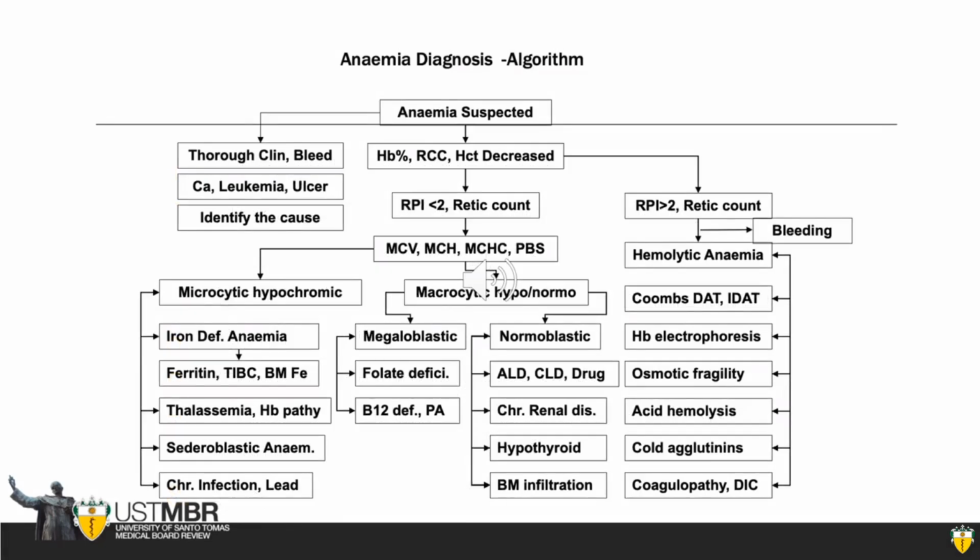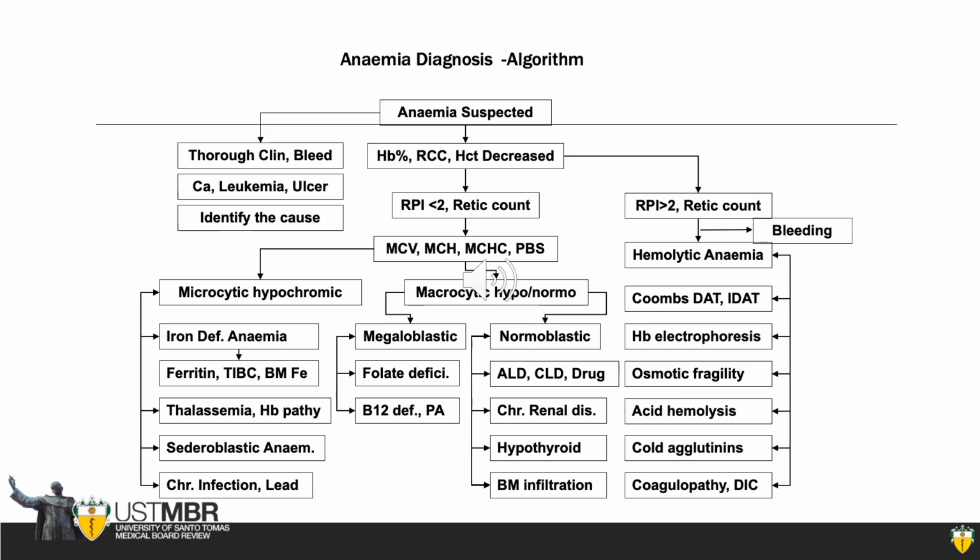So, in summary, we have discussed the approach in diagnosing a patient with anemia. So, you have a thorough history and physical examination, and then coupled with the basic laboratory tests such as the complete blood count, the RBC indices, okay, and then the reticulocyte count, and computation of the RPI.